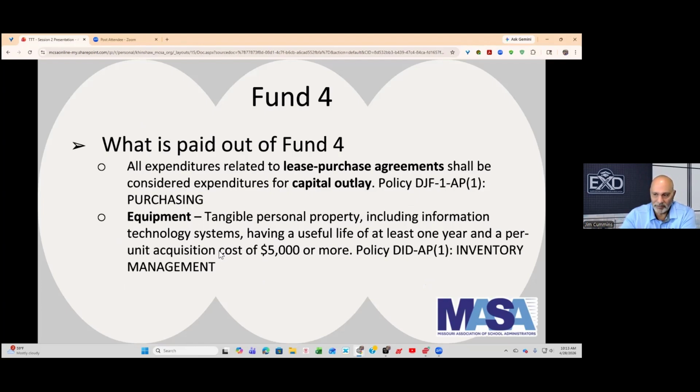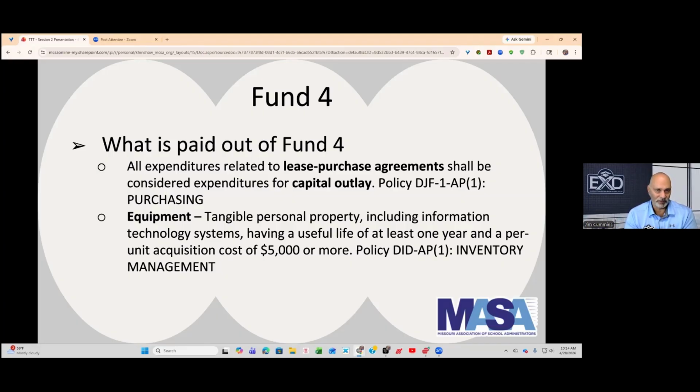And again, that's an administrative policy, inventory management. So I encourage you to look at your policy for what has to be capitalized, what needs to be paid out of Fund 4.